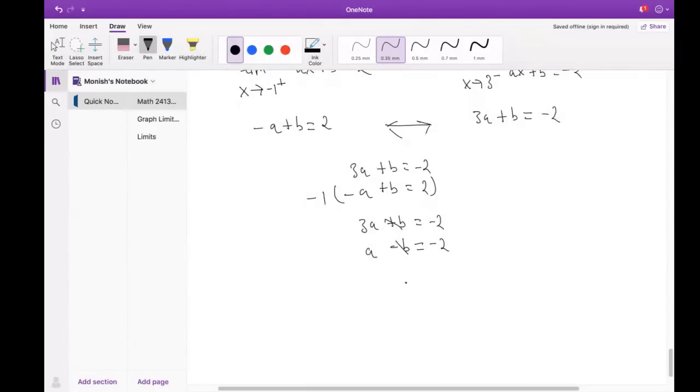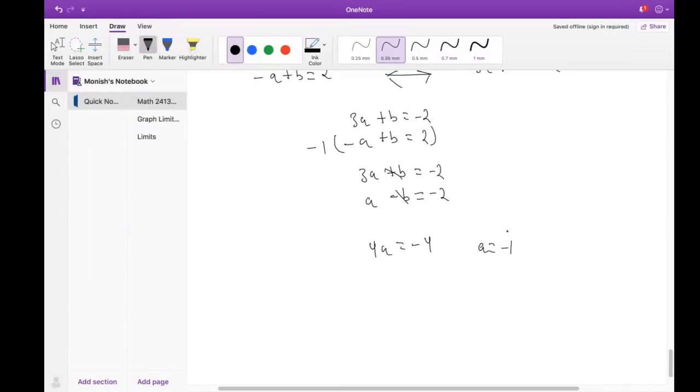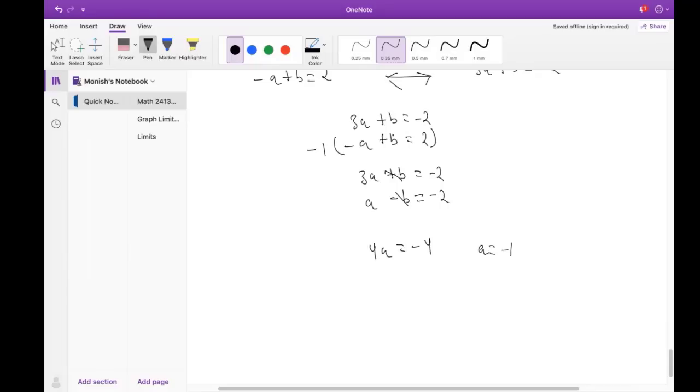Then your b's cancel, you combine, so you get 4a equals -4, and then a is equal to -1. Then we can plug in -1 into this expression, so -3 plus b equals -2, so b is equal to 1. So those are the two values.